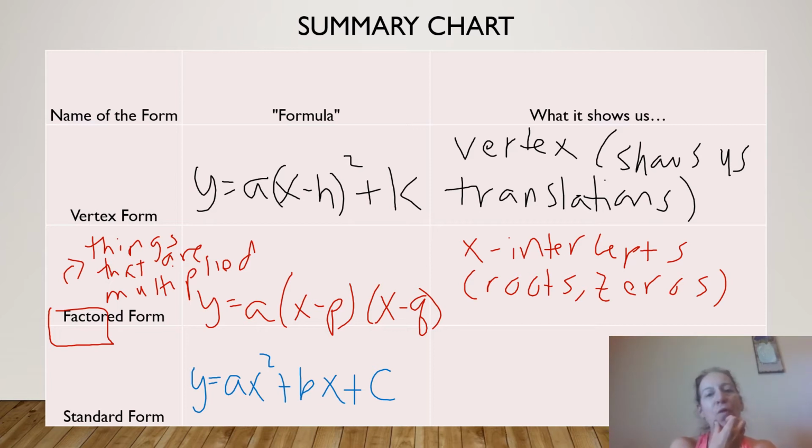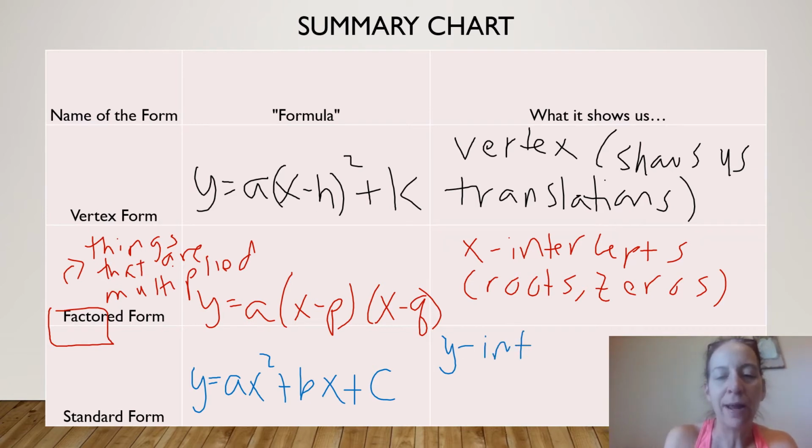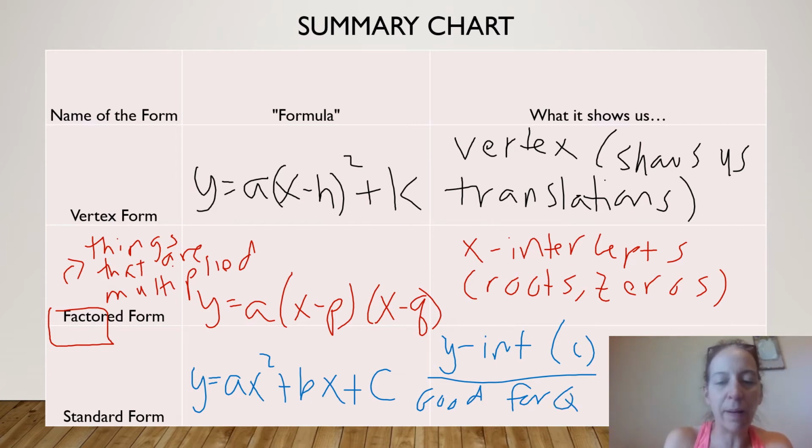And standard form is good for a couple of things. What it shows us, to answer the question there, is the y-intercept, which happens to be the c value. Okay, so that's what it shows us very quickly. But it is also good for, and I'm just going to write QF for the quadratic formula, which is the formula I just rattled off to you.